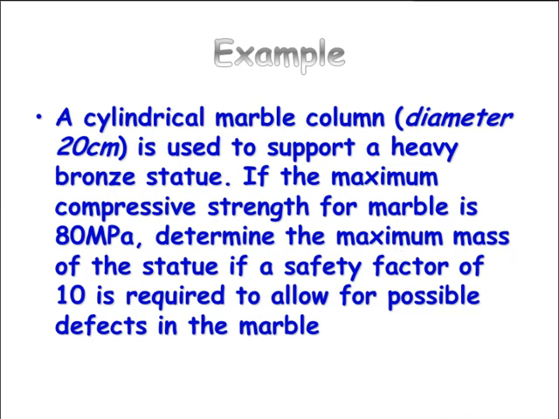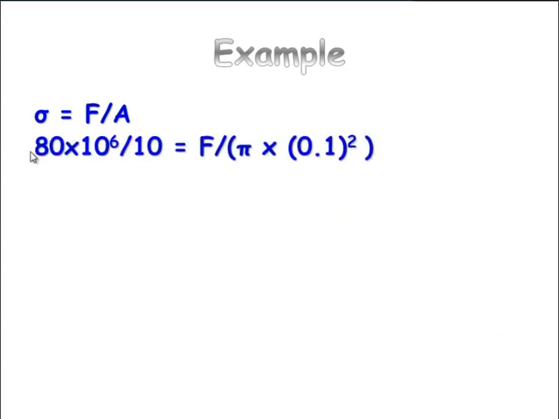So taking that information, of course, ordinarily we'd list all of our variables before starting our equation. We've got sigma equals F on A. Now, sigma maximum stress, or the strength, was 80 times 10 to the 6. We want to allow for a safety factor of 10, so we're dividing by 10 to get our maximum stress that we want it to experience. That equals F over the area, pi times 0.1 squared, because it was 20 centimeters.